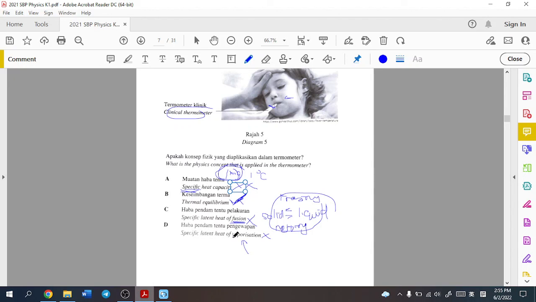When you see this vapor, it involves liquid to gas or vice versa. Liquid to gas is boiling, gas to liquid is condensation. So if you want to change the state of matter, you need this energy to convert gas to liquid, or you need this heat of fusion to convert liquid to solid.